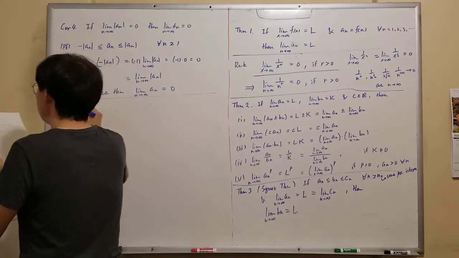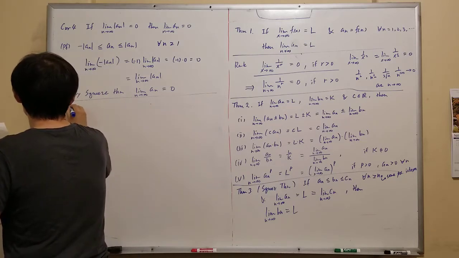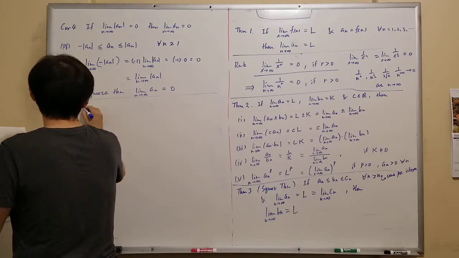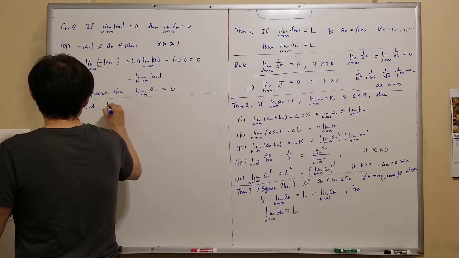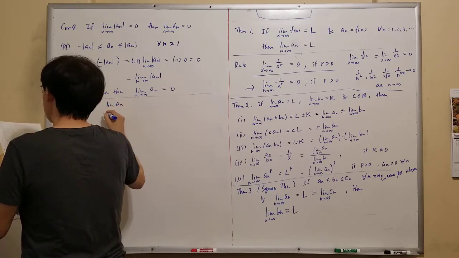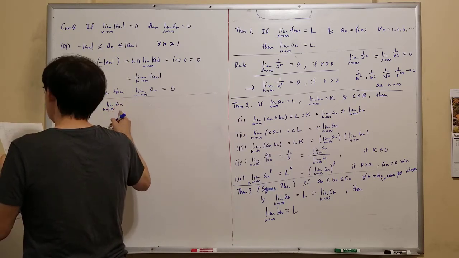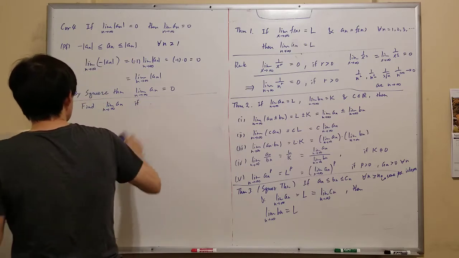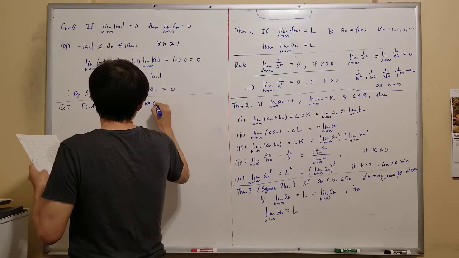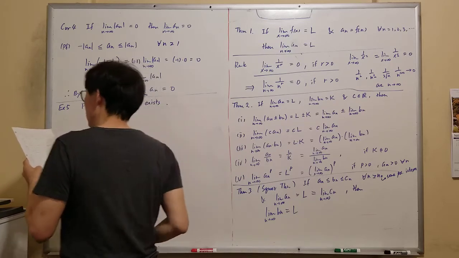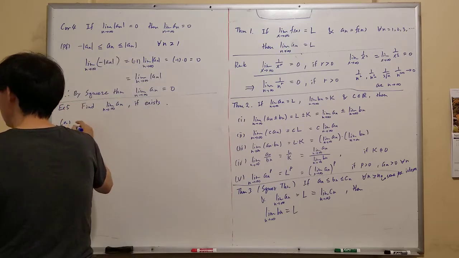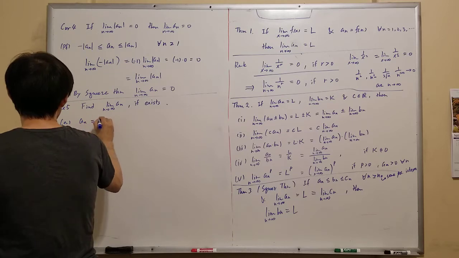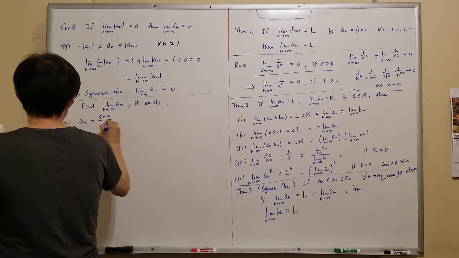Now, example 5. Find the limit of a_n as n goes to infinity, if it exists. A: sine of n over n.